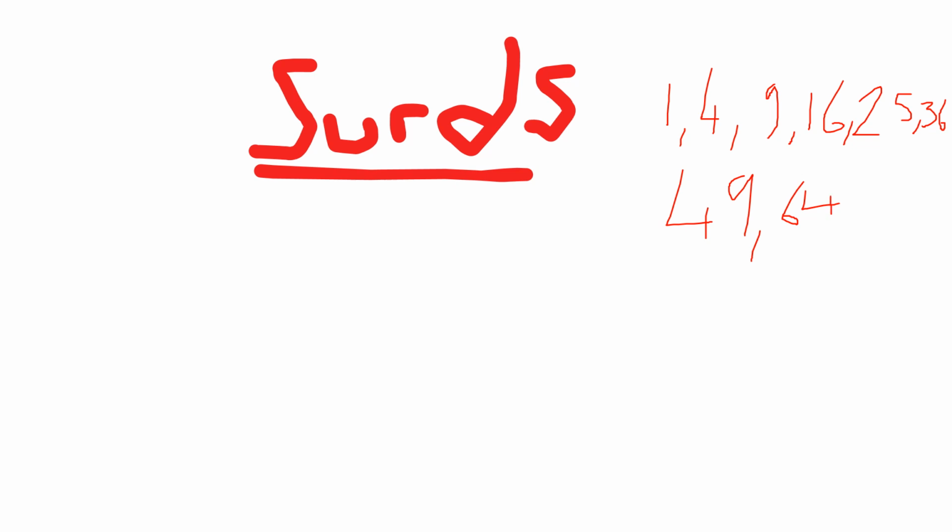So at GCSE level, you are required to at least know your first 10 square numbers. Sorry, it should be 81 actually, not 181. And 100, and a few more.